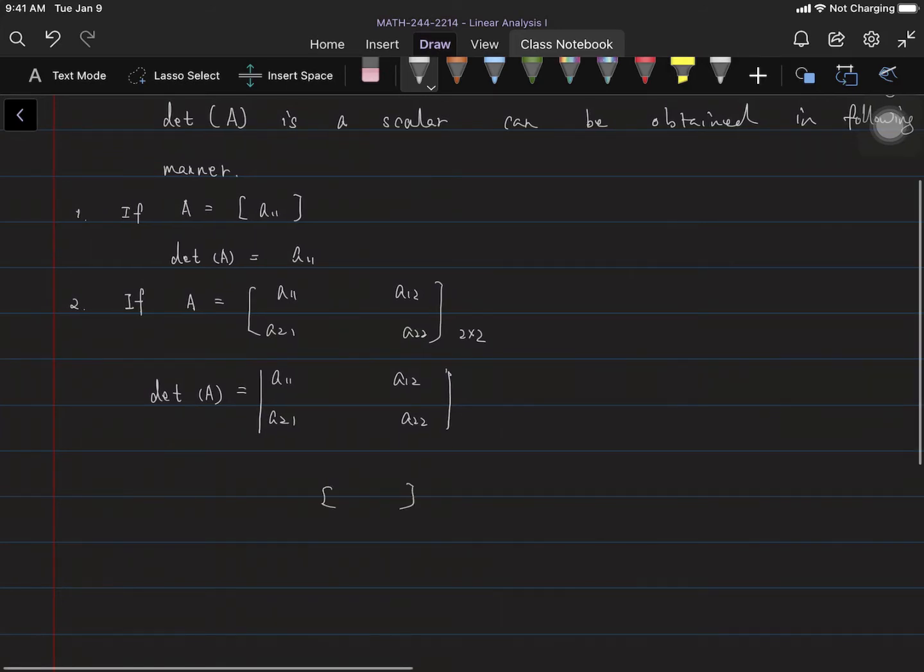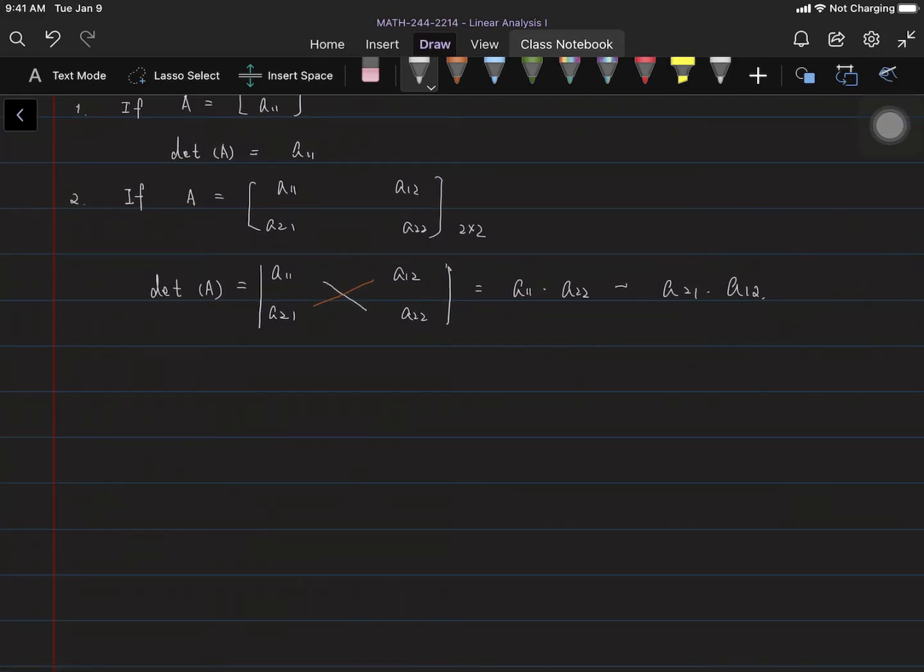Matrix uses brackets, right? Here we use the straight lines. That means determinant. And in this case, that equals A11 times A22 minus A21 times A12.